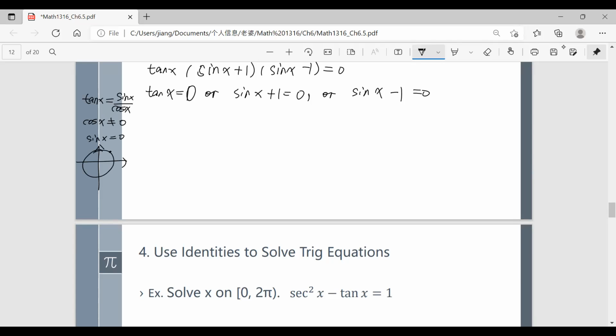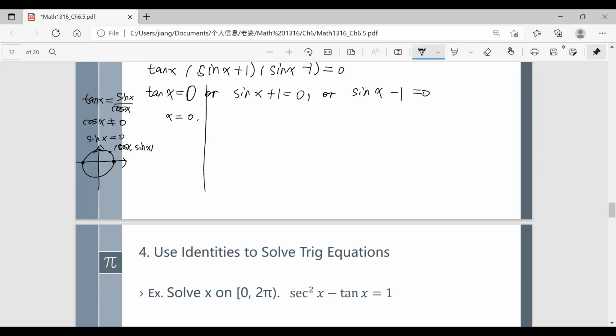We know all the points on the unit circle equal cosine first, sine second. That means when sine equals 0, y's value is 0. Where is y equals 0? In these 2 points. That means x equals 0.